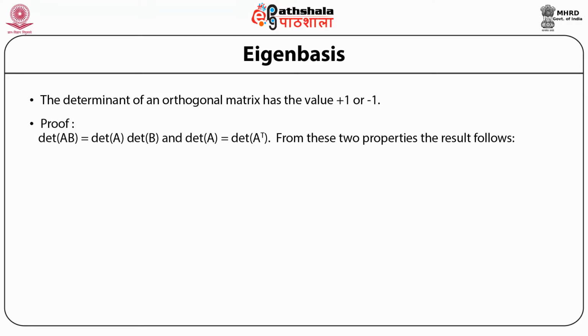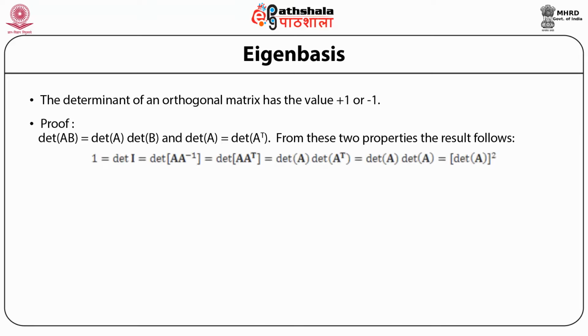The determinant of a product of matrices AB is equal to the determinant of A into the determinant of B, and the determinant of matrix A is equal to the determinant of the transpose of A. From these two properties, the result follows: 1 is equal to the determinant of the identity matrix, which equals the determinant of A into A inverse, which equals the determinant of A into A transpose, and is equal to the determinant of A into the determinant of A transpose, or the determinant of A into the determinant of A, which is the square of determinant A. This implies that determinant A is equal to plus or minus 1. Hence, the property is proved.